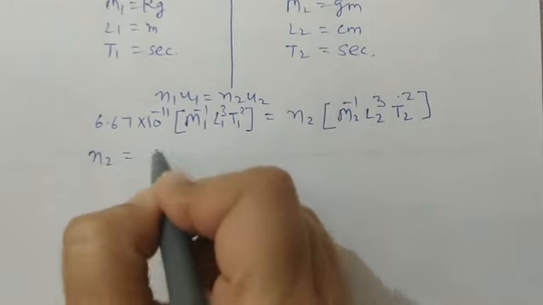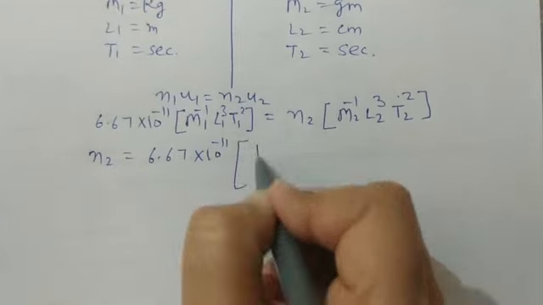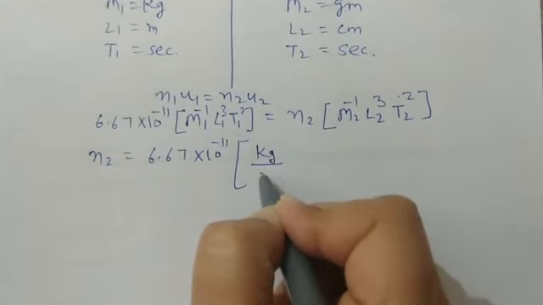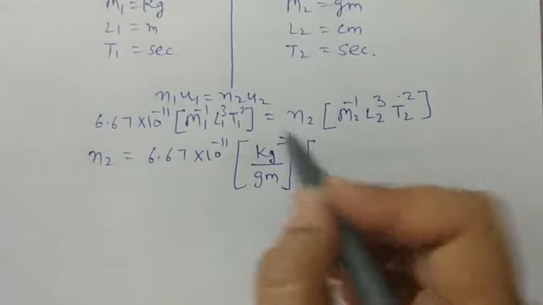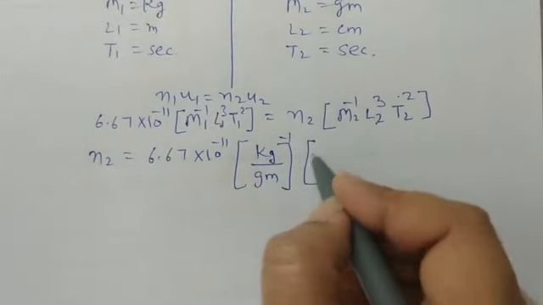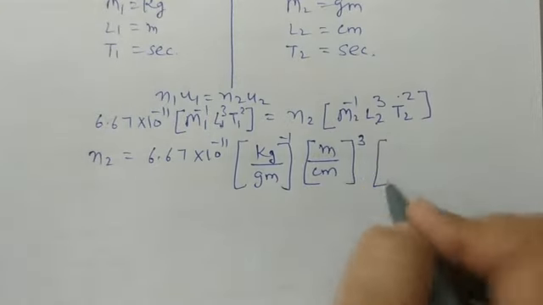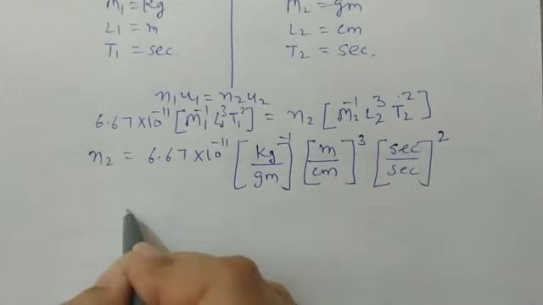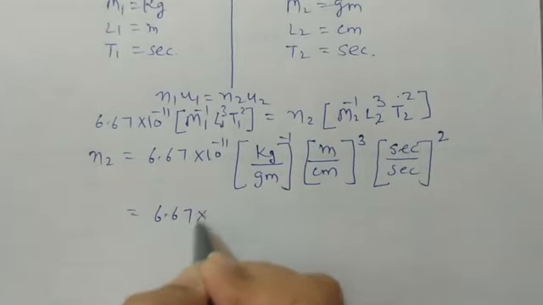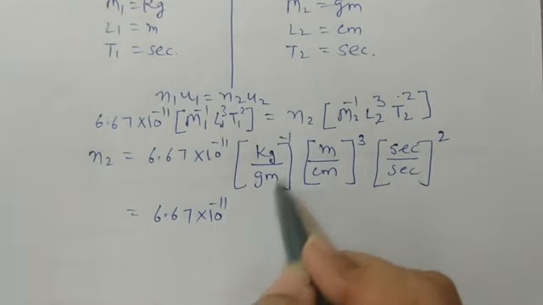N2 will be equal to 6.67 into 10 to the power minus 11. M1 is kg, M2 is gram and power minus 1. I am putting these values directly. L1 cube upon L2 cube. So this is meter upon centimeter cube and this is second upon second square. 6.67 into 10 to the power minus 11. Kilogram is equal to 1000 gram minus 1.